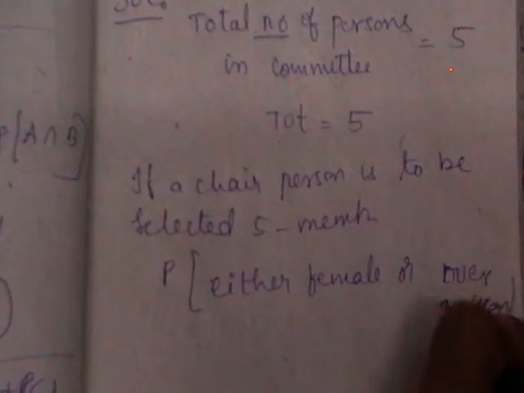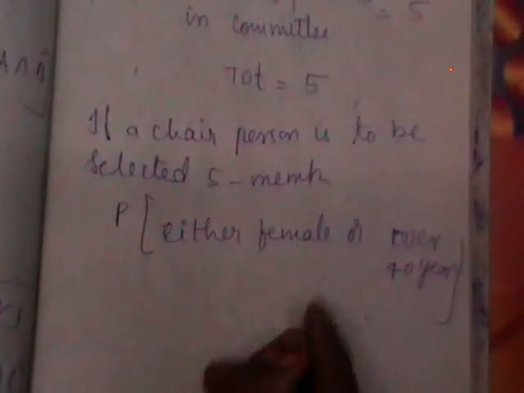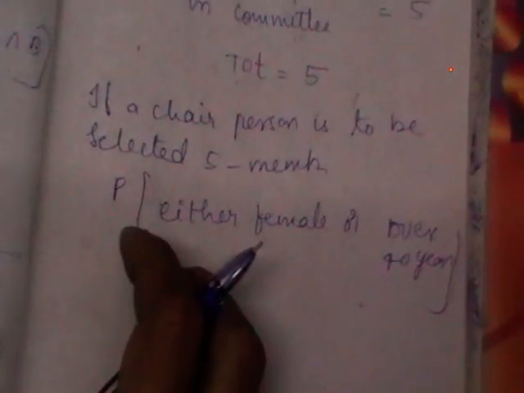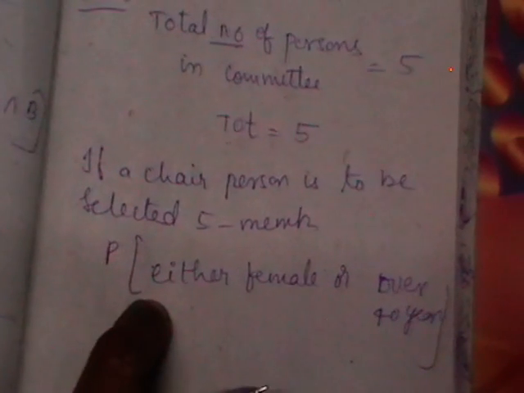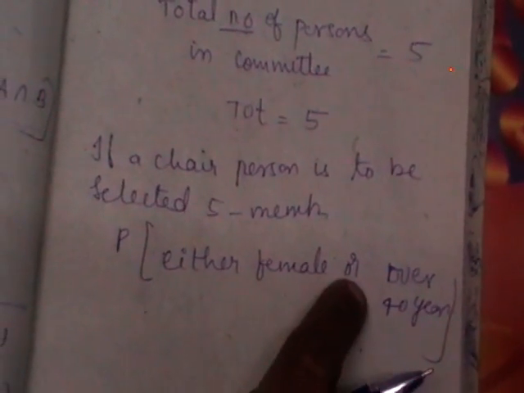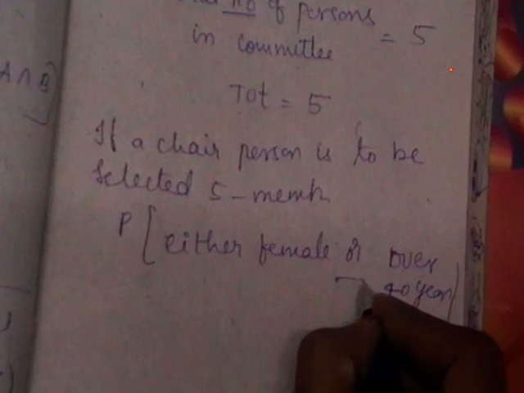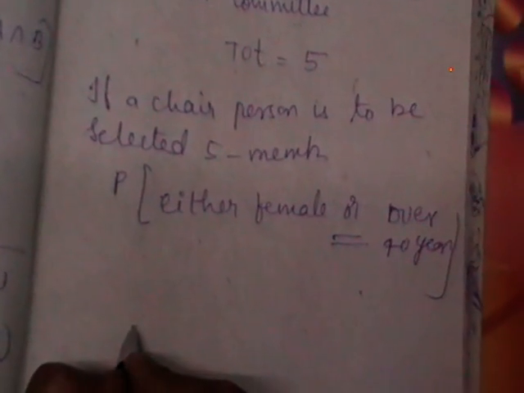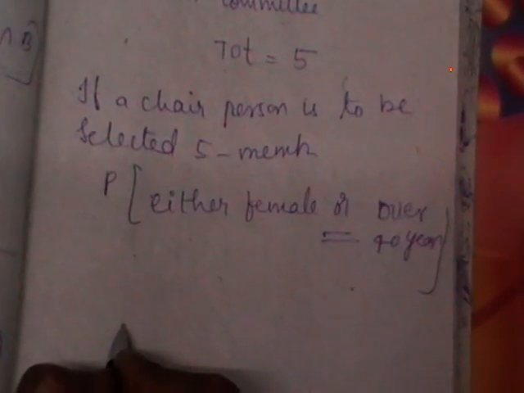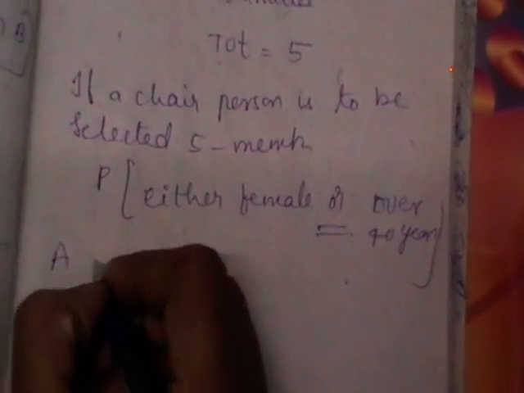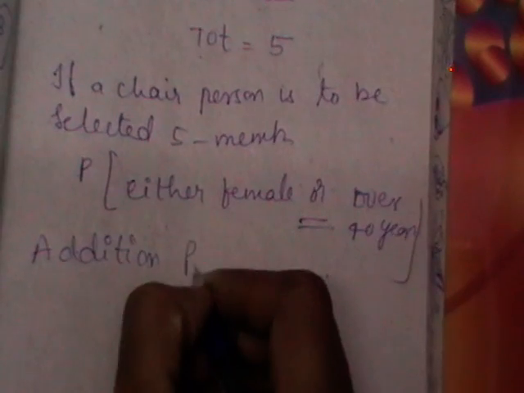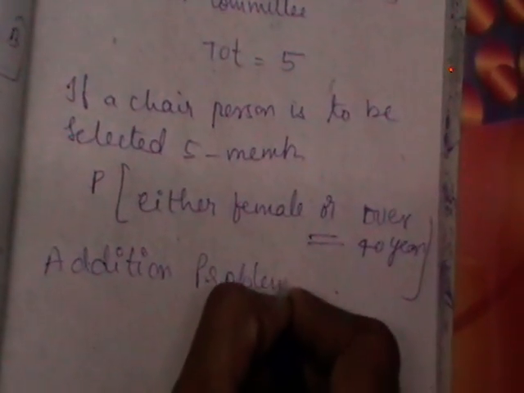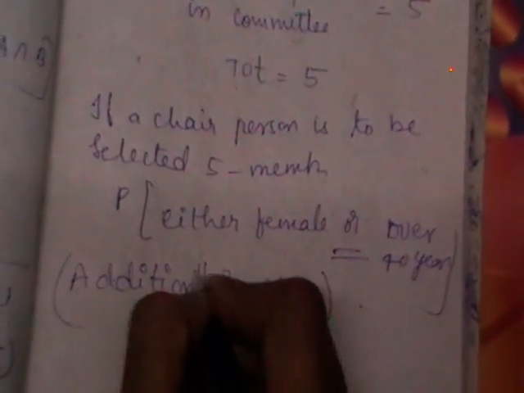It is given that there are 5 members in the committee, and if one is to be elected as chairperson, what is the probability that the chairperson is either female or over 40 years? In this question we are observing the word "either or", which indicates that, as I said, we should be able to understand that it's a problem on the addition theorem.